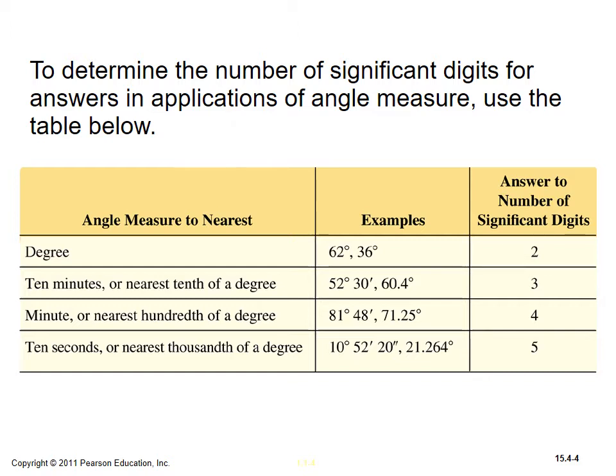As a side note, to quickly remind you here, when we go down to this here, those are the various units. The way this works, you have degrees, and that's equal to 60 minutes.